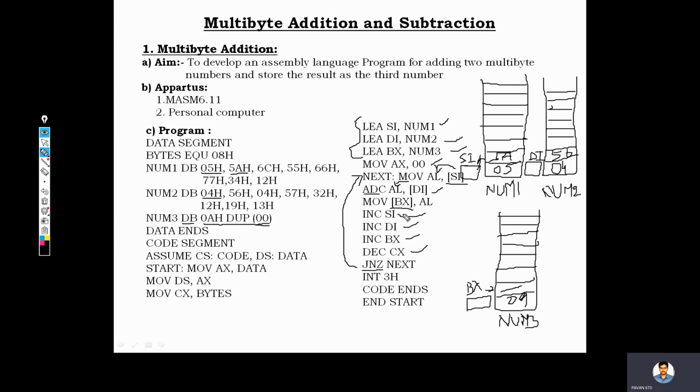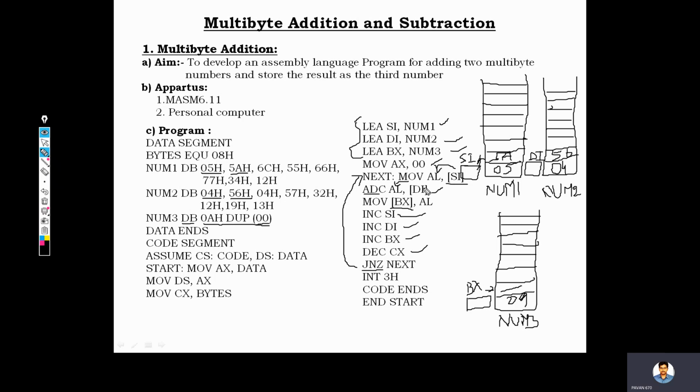Okay. And again, SI, DI, BX will be incremented, and since the next values are added, the leftover values will be tracked by the CX register, which is decremented, and control again goes to the next label to perform the operation, since it is non-zero.